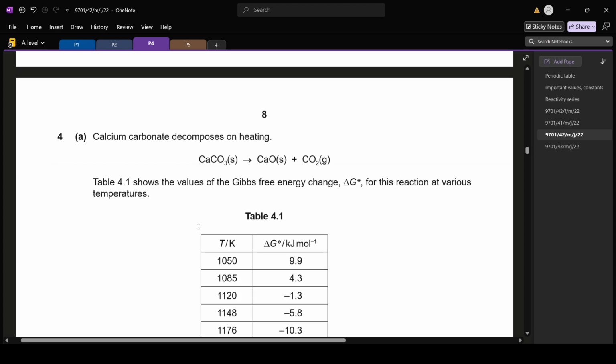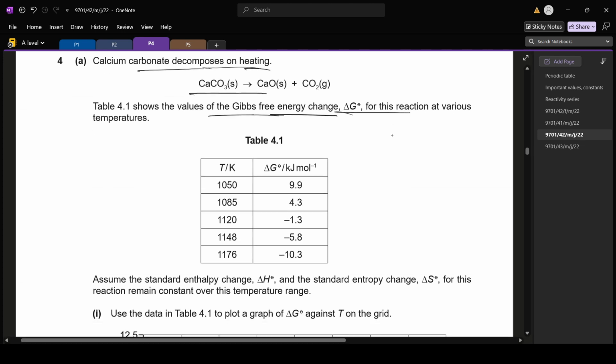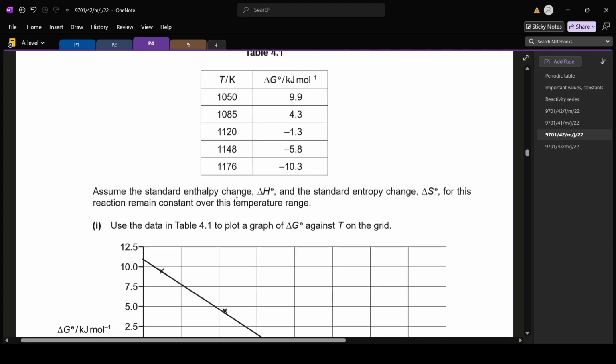Moving towards next question, question number 4. Calcium carbonate decomposes on heating. Table 4.1 shows the values for the Gibbs free energy for this reaction at various temperatures. Assume that the standard enthalpy change and the standard entropy change for this reaction remain constant over this range of temperature.